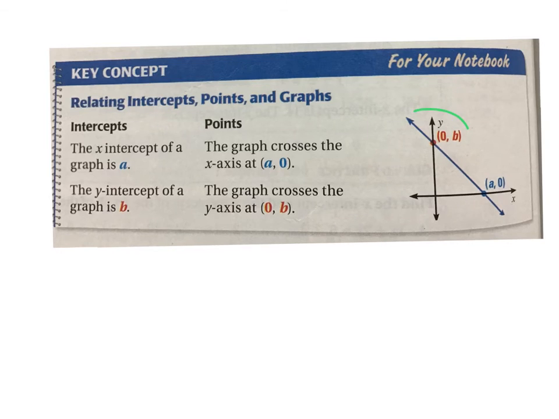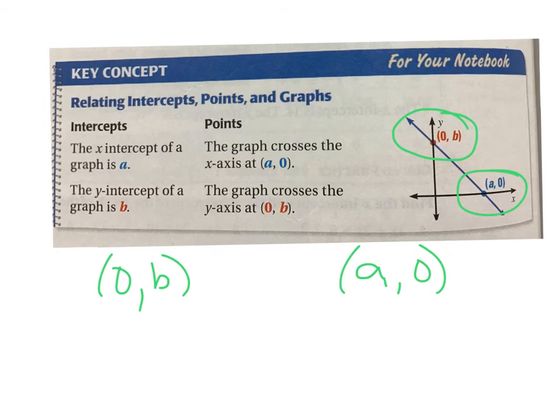I've already taught you. When you find the intercept of y, it can be written as (0, whatever the number is). In this case, they're using the letter B for the number. And the x-intercept is written as (the number, 0). So we have already gone over this. It's just notes to put in your journals.